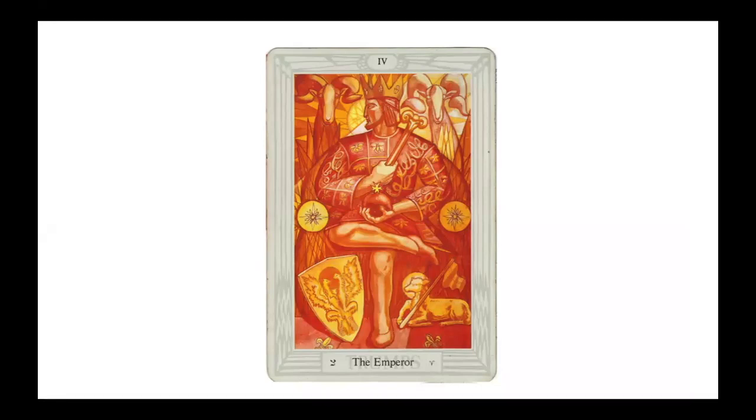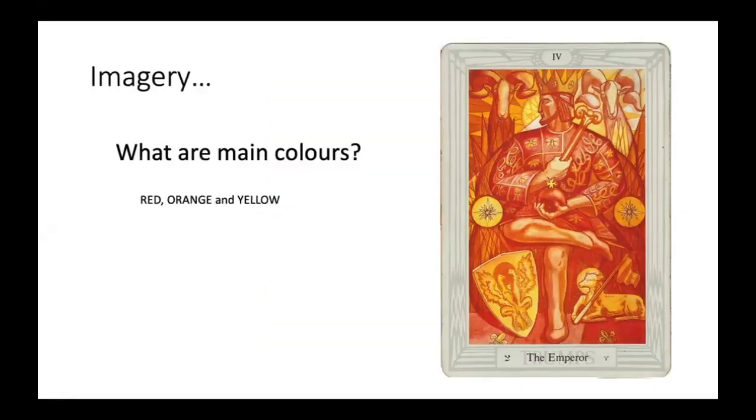Okay, so some of the elements that you've seen in the Pamela Smith deck, the Emperor there, are here. The ram's heads are here. But notice there's also a lamb and there's a shield and there's all sorts going on there. What do you notice? So what are the main colors?